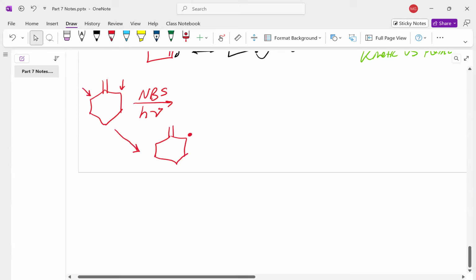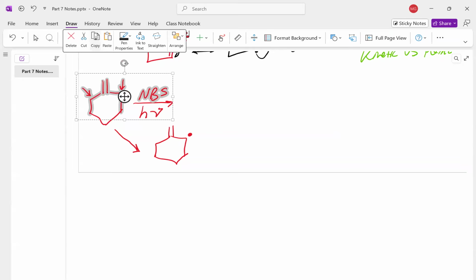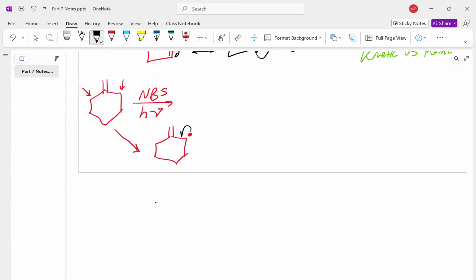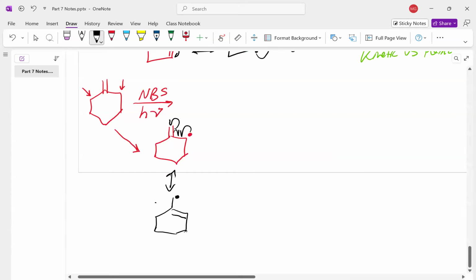Now, whenever you deal with an allylic radical, you always need to think about resonance. That's the second thing. First thing was figure out where it's supposed to go. Secondly, think about resonance. So I could do a resonance form that puts the radical here. Now what we're going to do is finish these intermediates off.